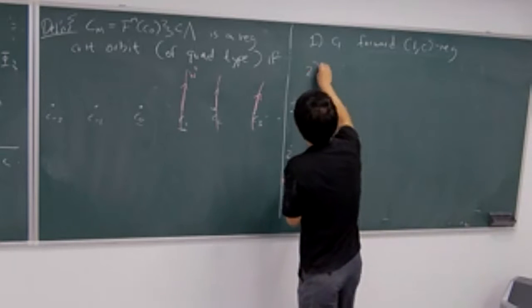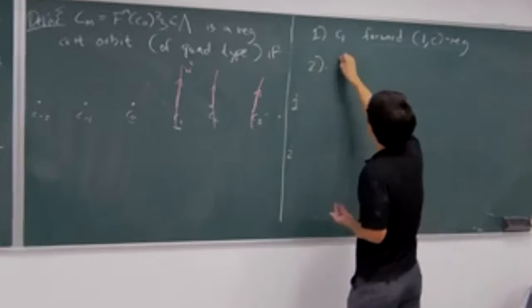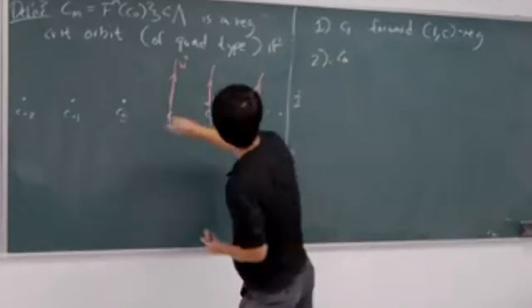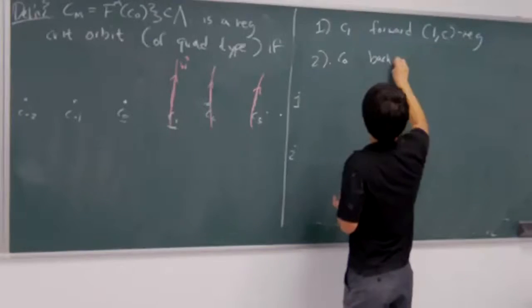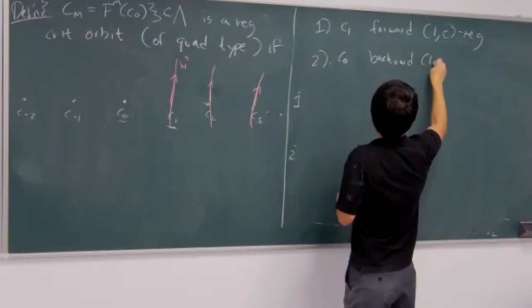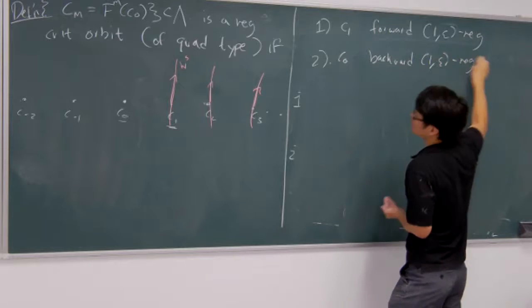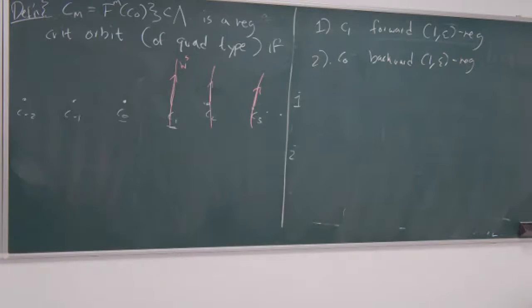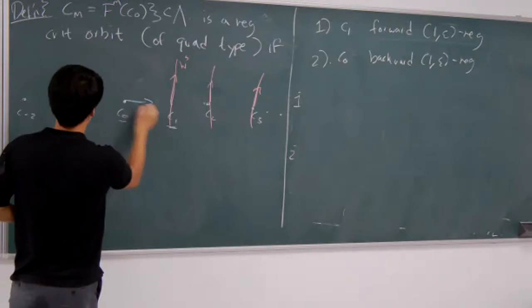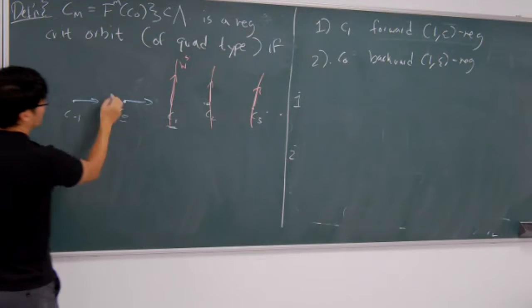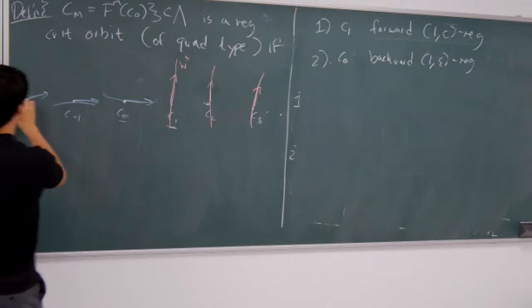And then 2 is the critical point. So this point should be backward epsilon regular. So you have the center direction and the center manifolds.